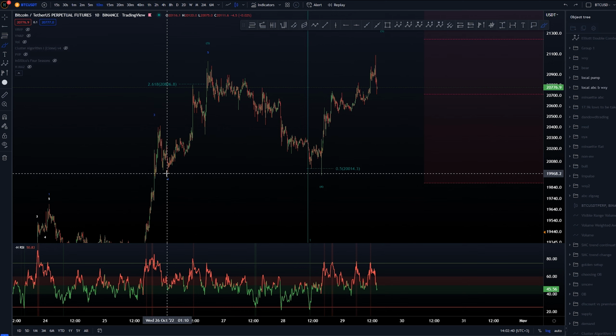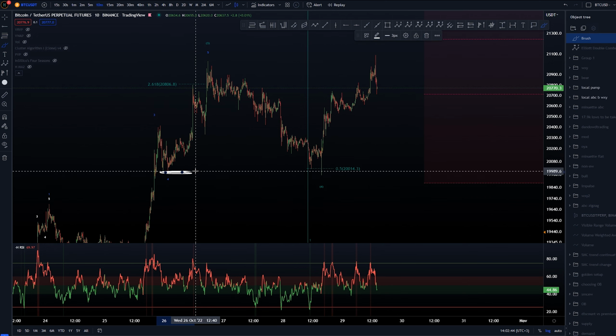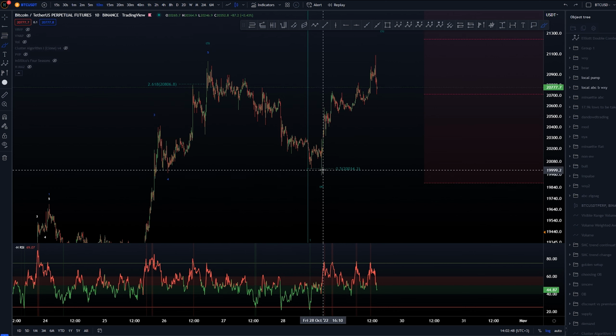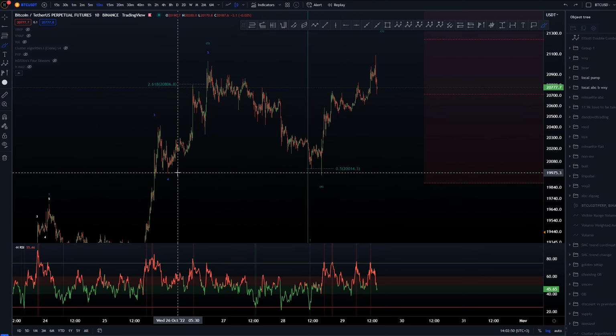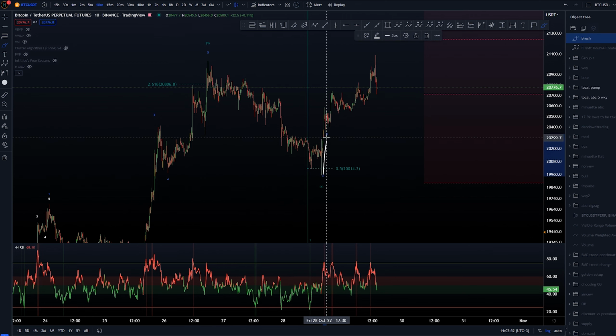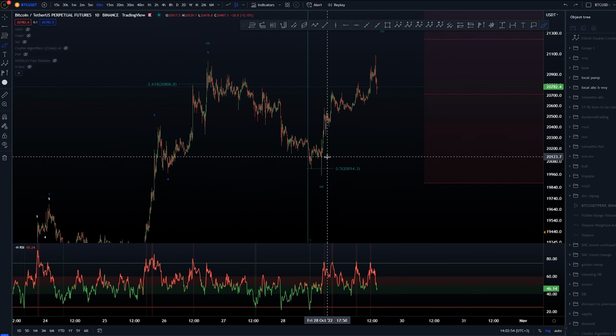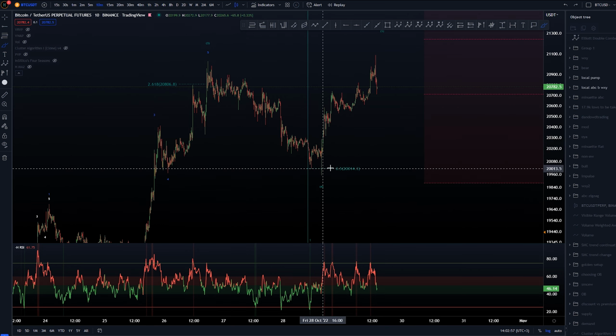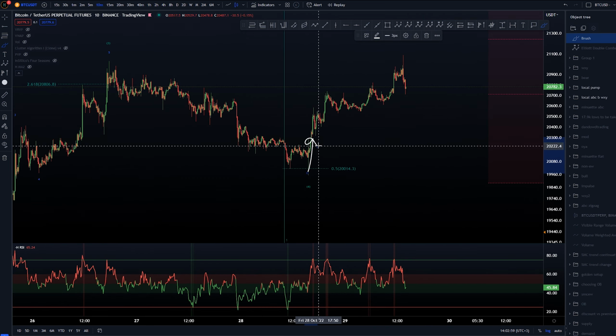That is very typical here, having a swing failure pattern, taking out some of the liquidity here. I would have expected a bit more if we did take out this much, but again, it looks like we did have a lot of buying accumulation here, so we did get this wick upwards.